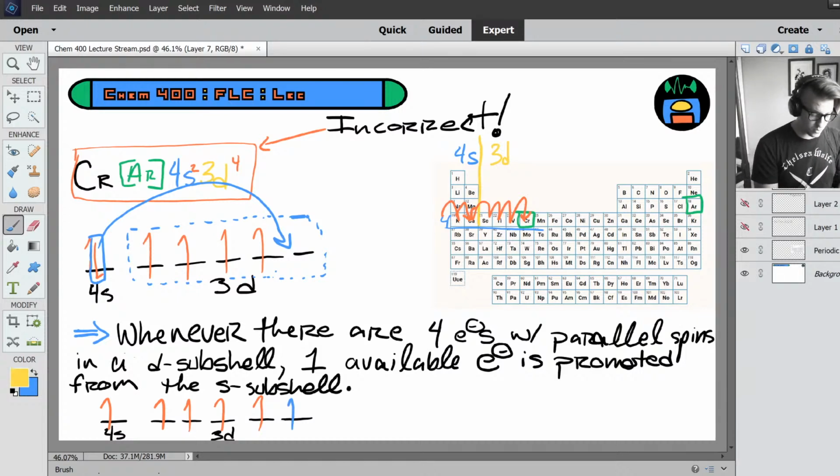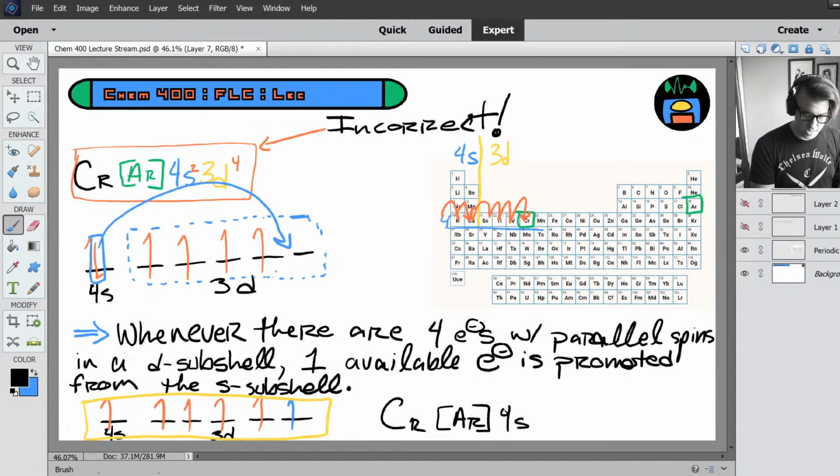This is the actual orbital diagram for chromium, which means that the electron configuration for chromium is actually argon, in brackets, 4s1 3d5.